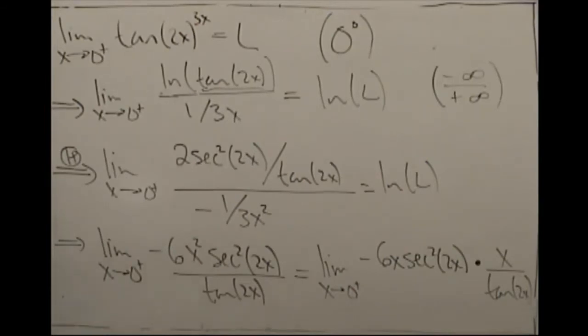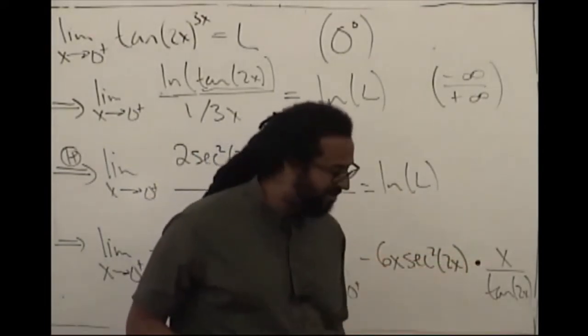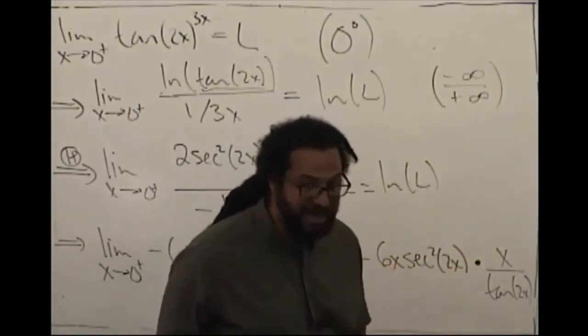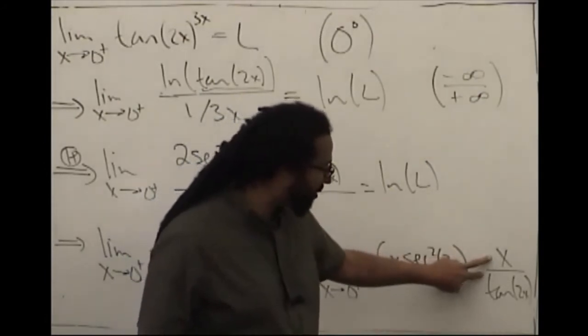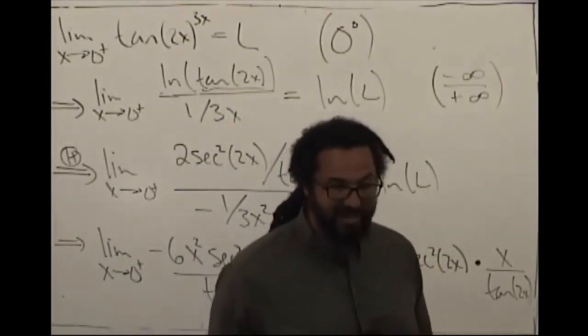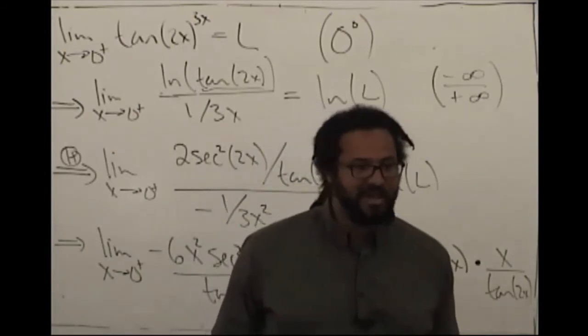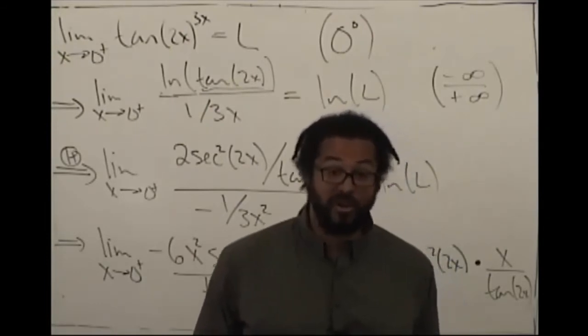And so let me factor this thing in such a way that I get some familiar limits. We know how to deal with x over tangent of 2x. You've either memorized by now that this thing is 1/2, or you can apply L'Hopital's rule to see that you get 1/2 as x goes to 0. That followed from the old sine x over x limit. And you can check that the limit as x approaches 0 of sine x over x is just 1 by using L'Hopital's rule.